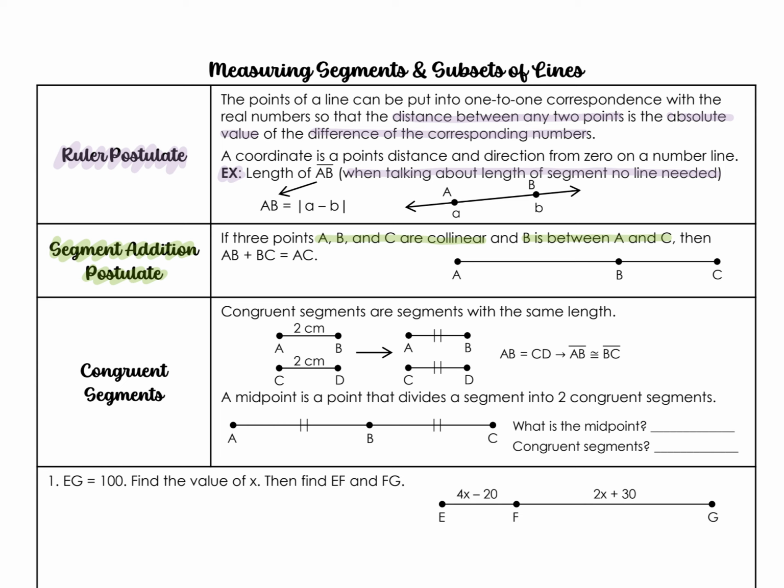A lot of times, instead of using those letters to name out the segments, because it won't always be those exact letters, I will sometimes just say part plus part equals whole.